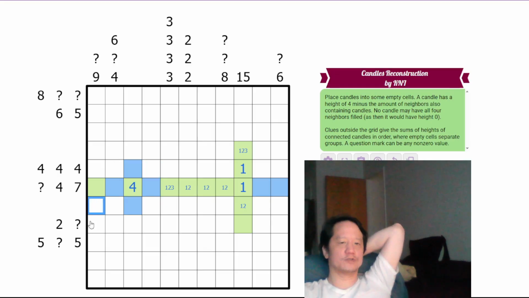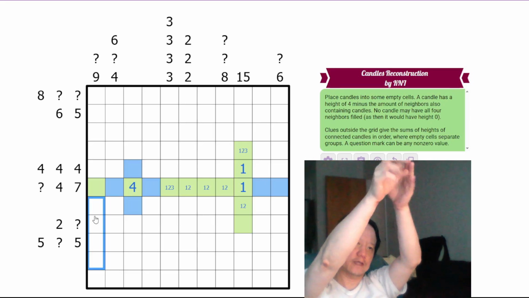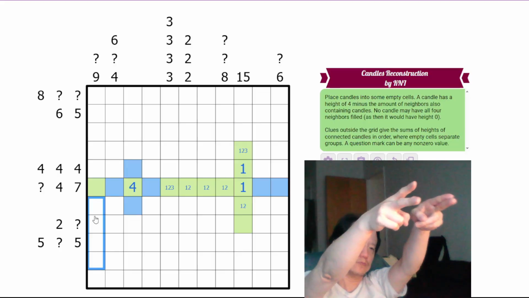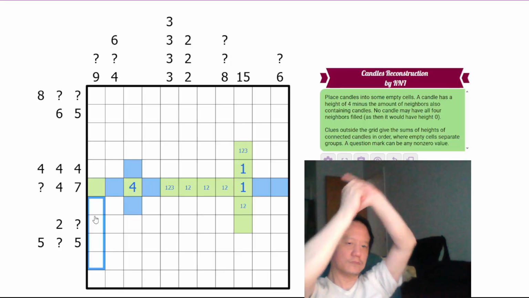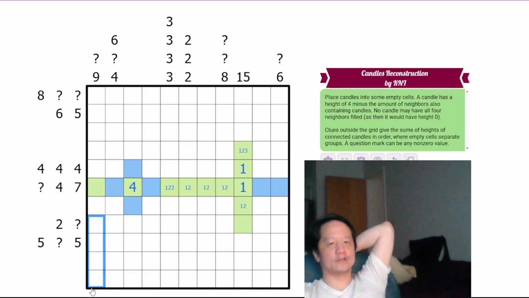9 is interesting. So 9 can have 3 on 3 in the outside. And then you have 2, 2. Or 2, 1 on the inside. Or 3 and 2 on the outside.